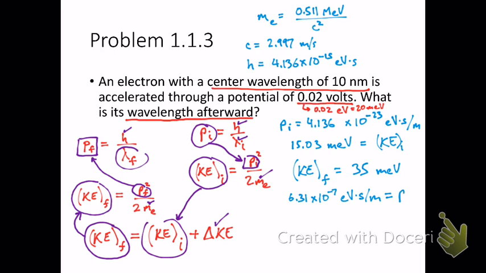We'll label that as the final momentum. And then, doing the math once again, we get that the final wavelength is 6.55 nanometers.